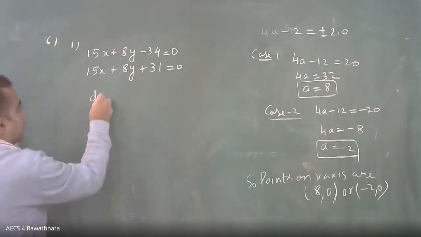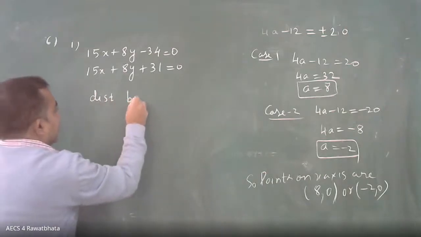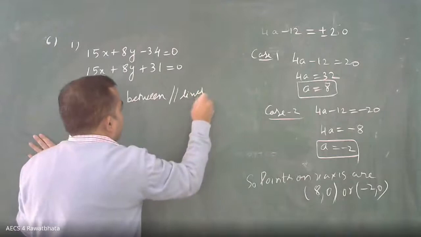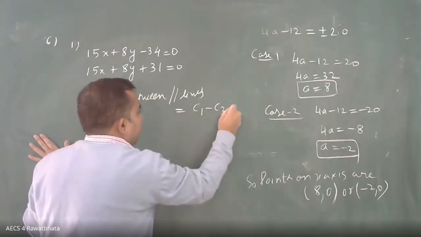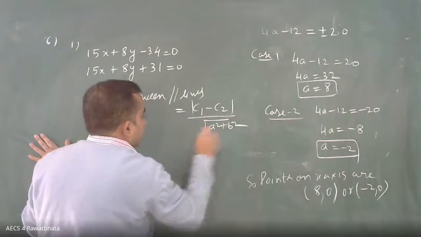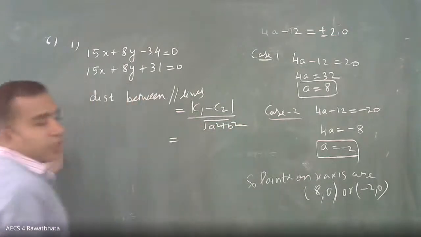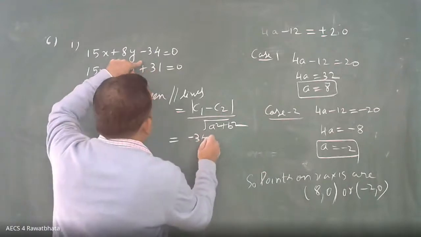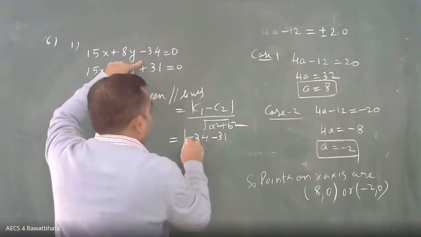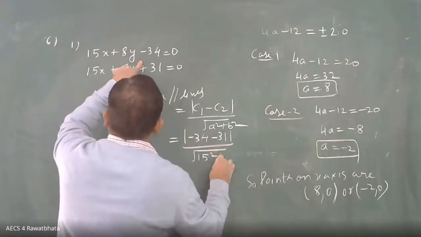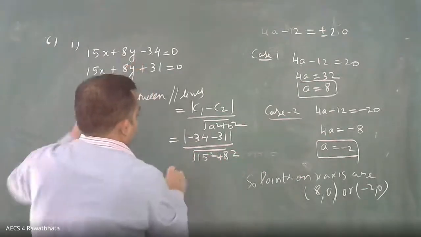So the distance between parallel lines is the magnitude of C1 minus C2 divided by root of a square plus b square. Remember, C1 and C2 you have to take with sign. So minus 34 minus 31, whole magnitude, divided by root of 15 square plus 8 square. Solve it.